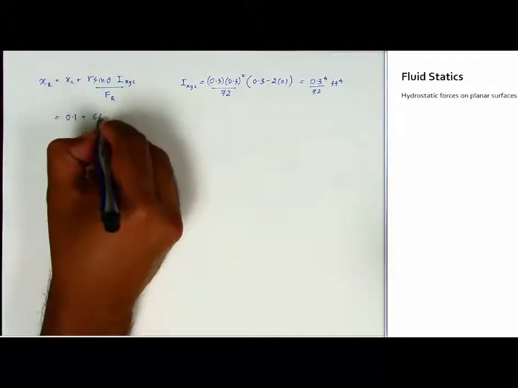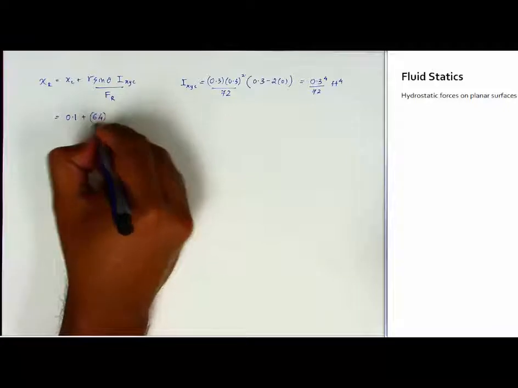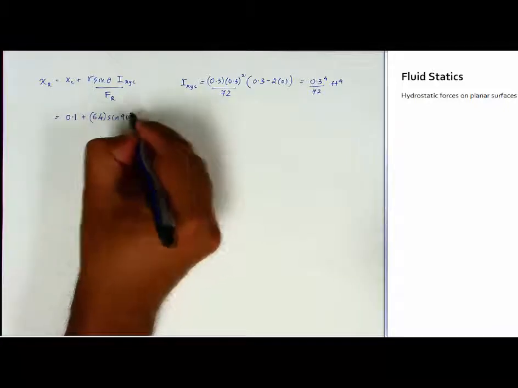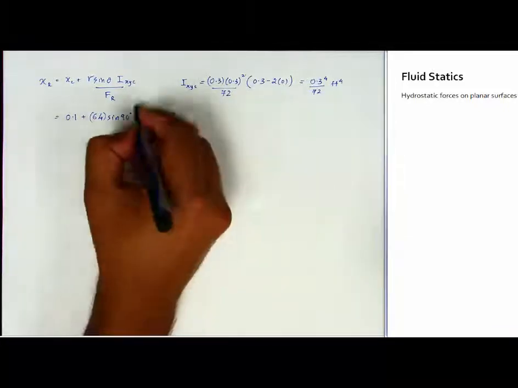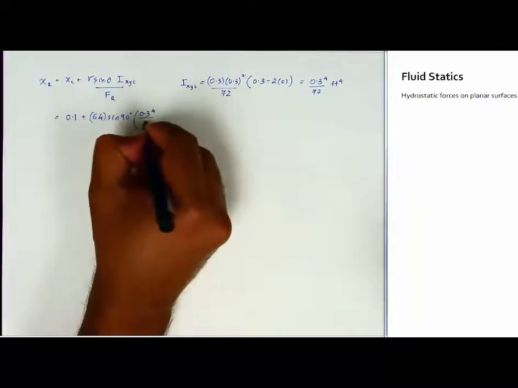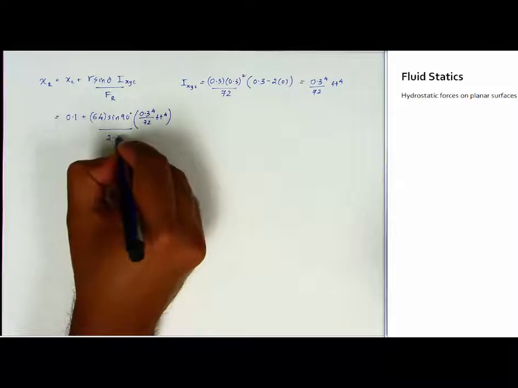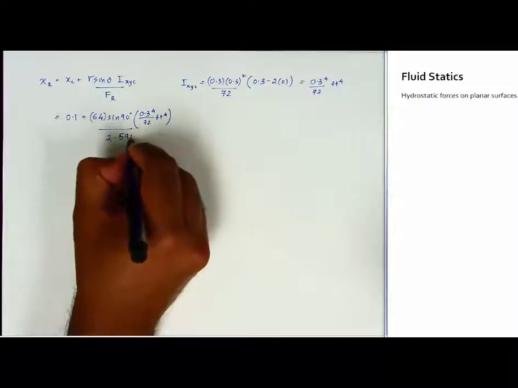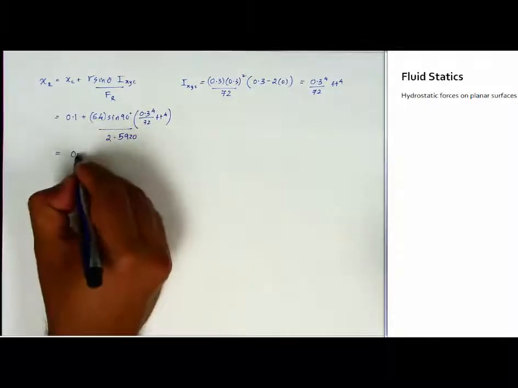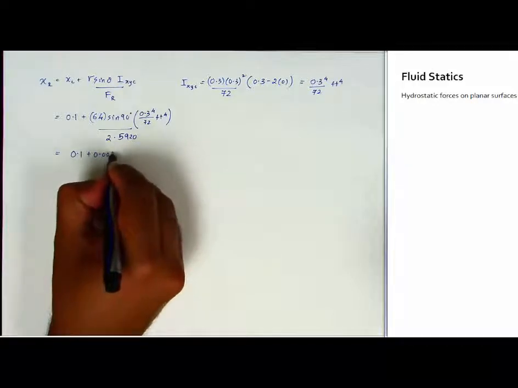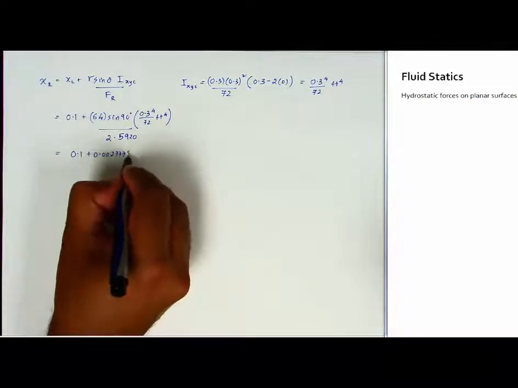0.1 feet plus 64, that's gamma, sine 90 degrees, IXYC, 0.3 raised to 4 by 72, FR we've already calculated. You will end up with 0.00277778.